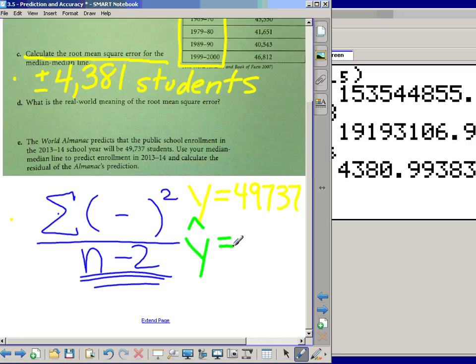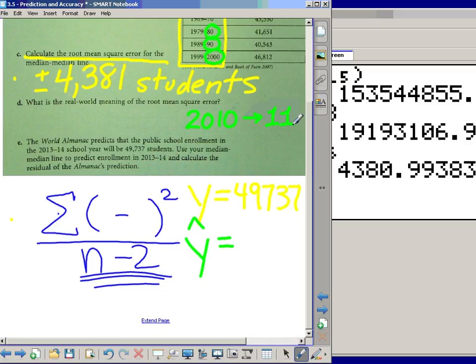Let's think about this. I would put in 8 to represent 1980. I would put in 9 to represent 1990. For the year 2000, I would put in 10. For the year 2010, X would actually be 11.